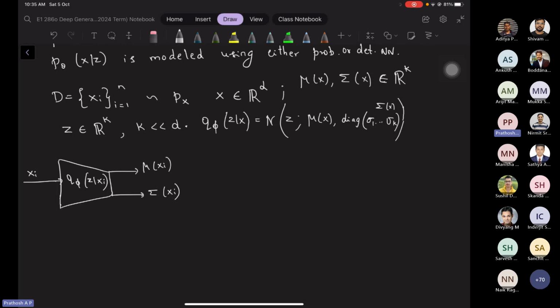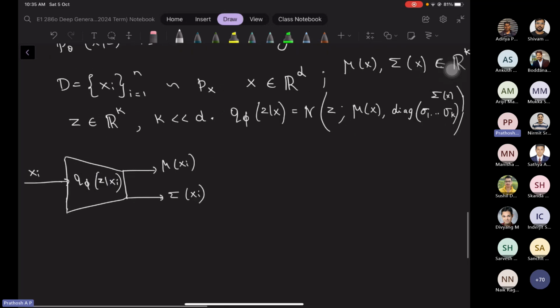That means the output of this will be 2k dimensions. This is also called the encoder network, simply modeling q phi of z given x using neural networks.